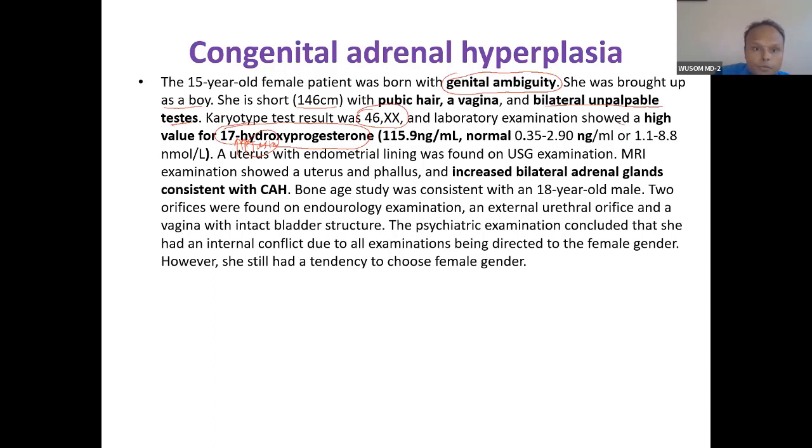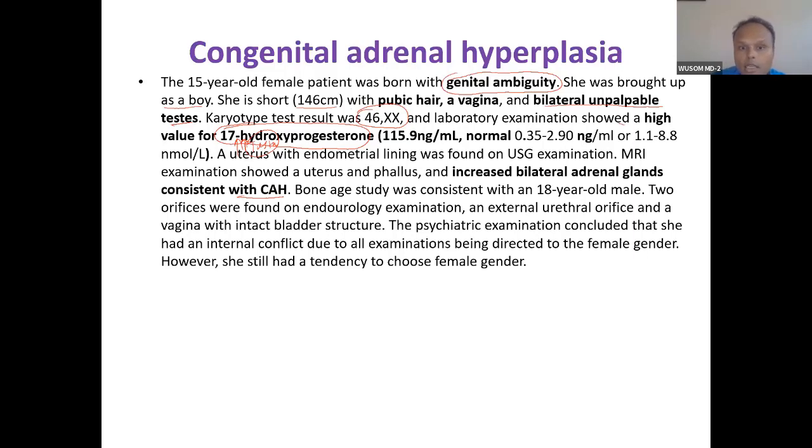And then a uterus with endometrial lining was found on USG examination, and MRI examination showed uterus and phallus. So the uterus is also rudimentary. It is not very well developed. Rudimentary type uterus and phallus are there. Increased bilateral adrenal gland size consistent with congenital adrenal hyperplasia. So the adrenal gland was large.